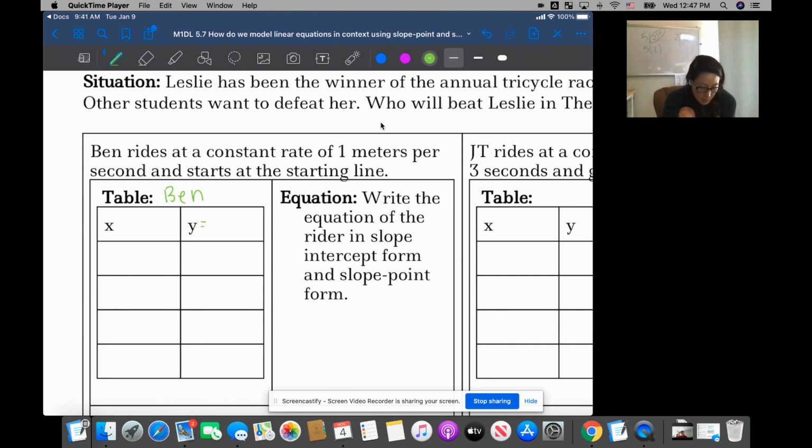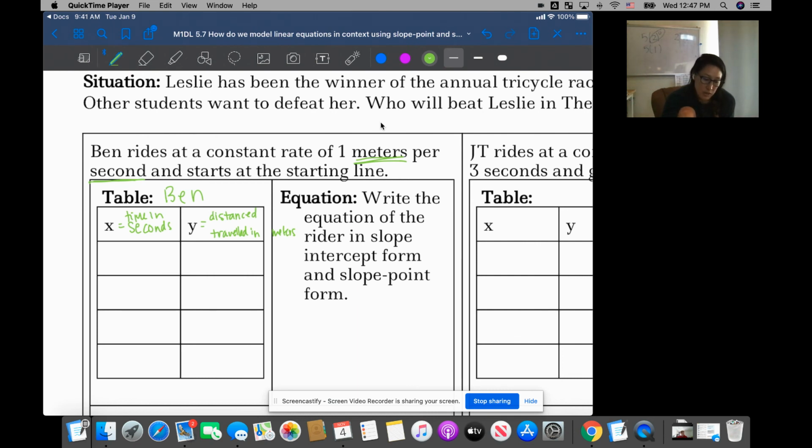So the y is equal to the distance traveled in meters, in meters per second. And so we compare where they are depending on what the time is. So it's the time in seconds.